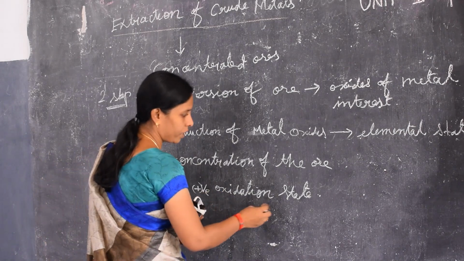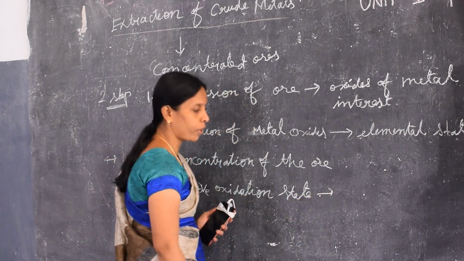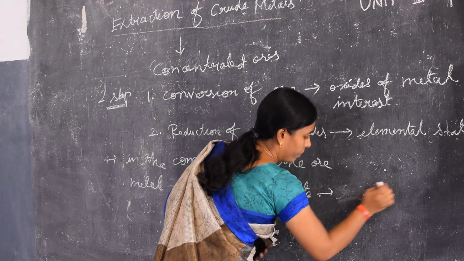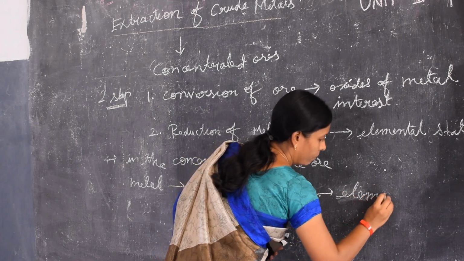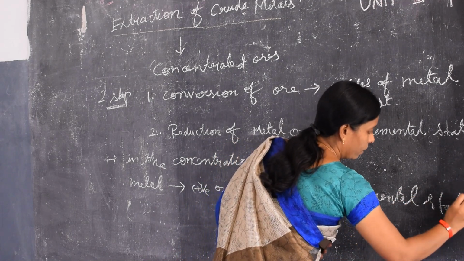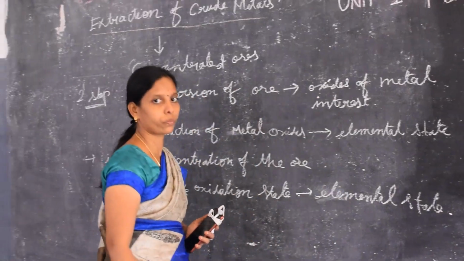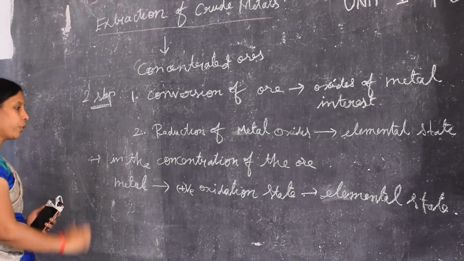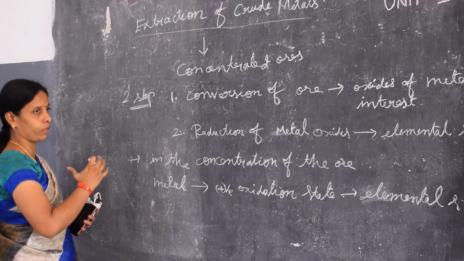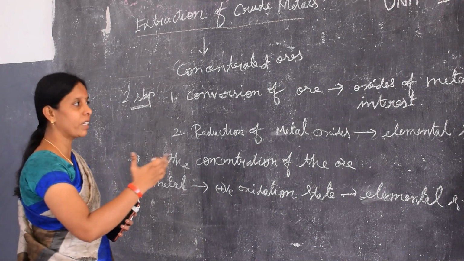The positive oxidation state has to be converted to the elemental state. That is why, according to the principles of thermodynamics, reduction of oxides is much easier.